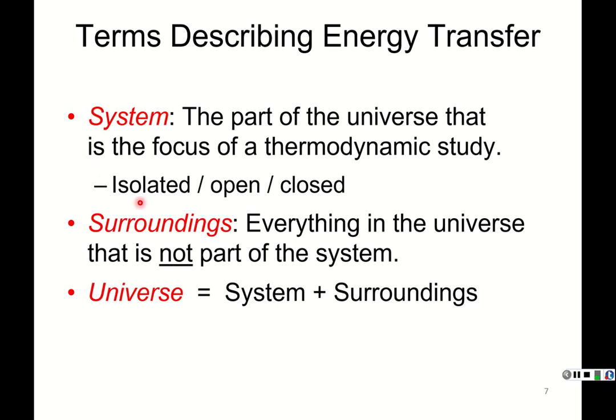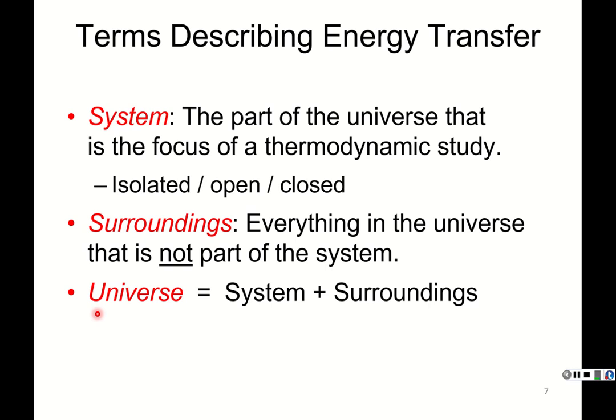Okay, there's different types of systems: isolated, open, and closed. Okay, the surroundings are everything in the universe that is not part of the system. Okay, and system plus the surroundings equals the universe. So the universe is really everything.